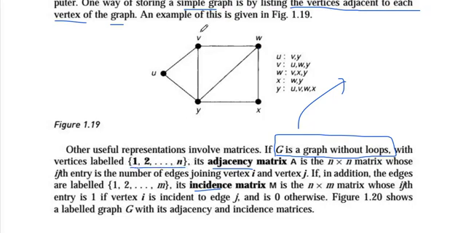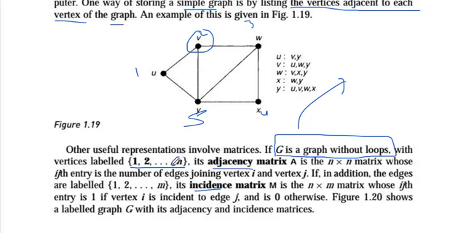Here we have vertices labeled as u, v, w or A, B, C, D. But for the matrix representation, you have to label vertices as 1 to n. So 1, 2, 3, any number you can write, but in number form, starting with 1.